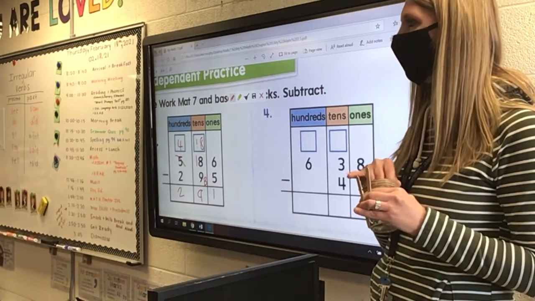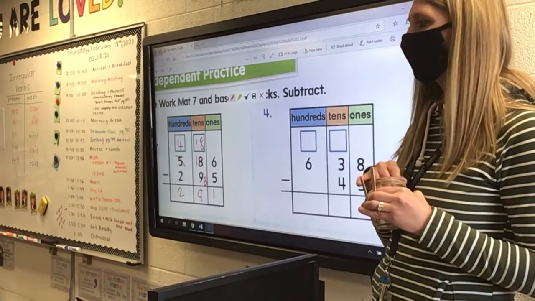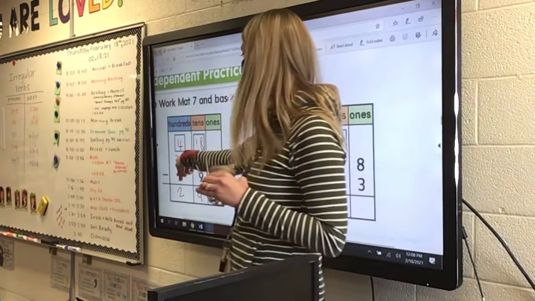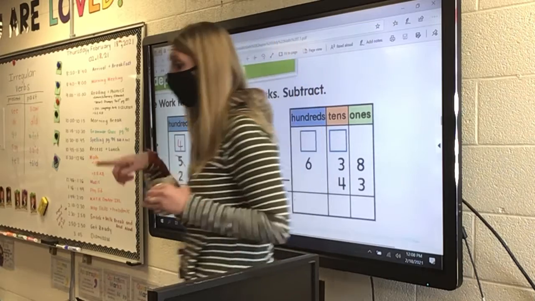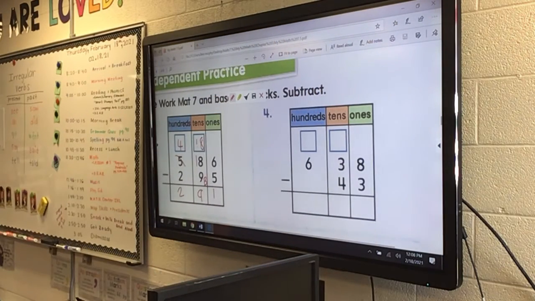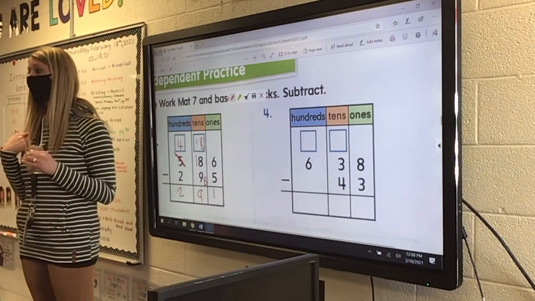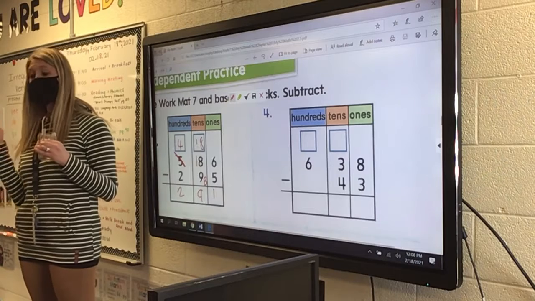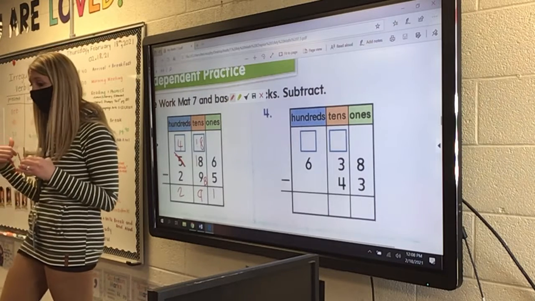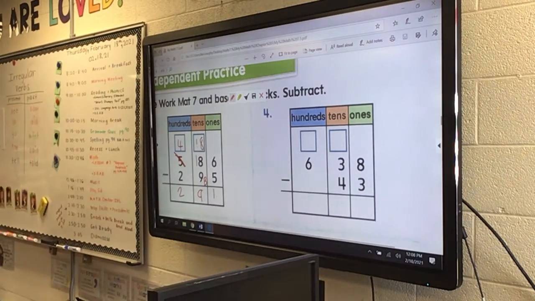So 491. Okay, make sure you're showing your work because if you don't have this down, Mrs. Murphy will circle it. You need to cross it off. You need to show me how you cross off because I want to see it. And next year when you're with Mrs. Topinka, she'll want to see it. Mrs. Bartlett will want to see it. We want to see your work.